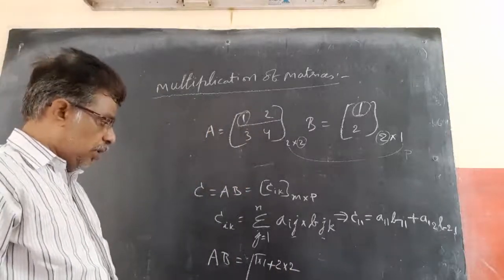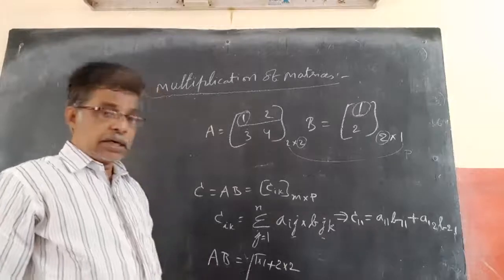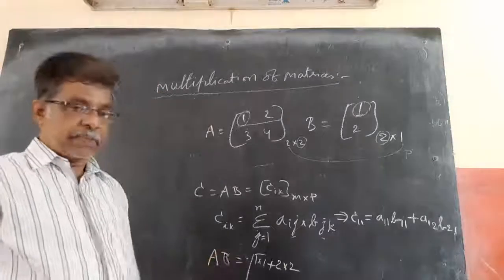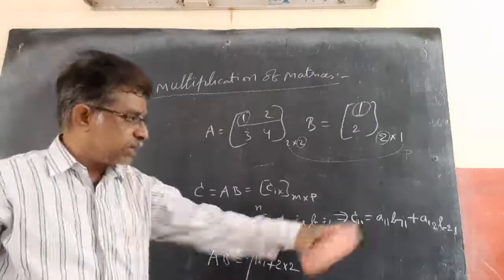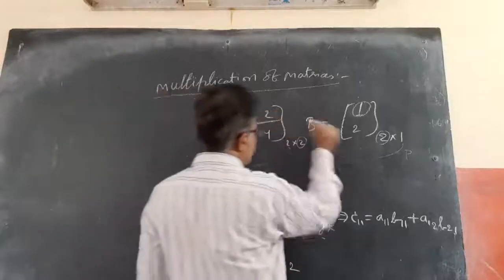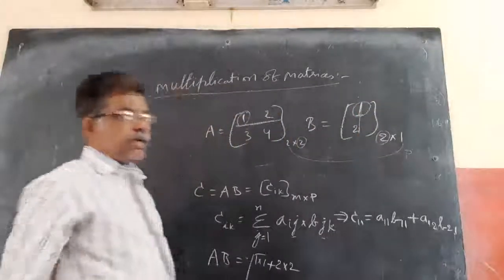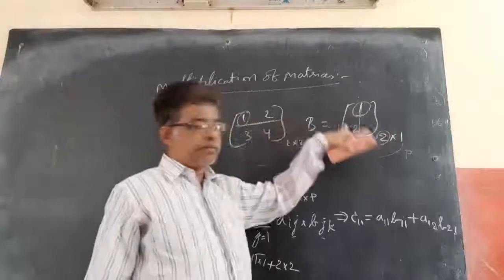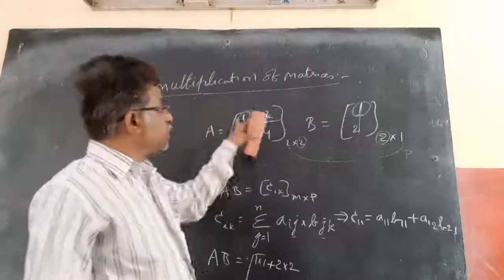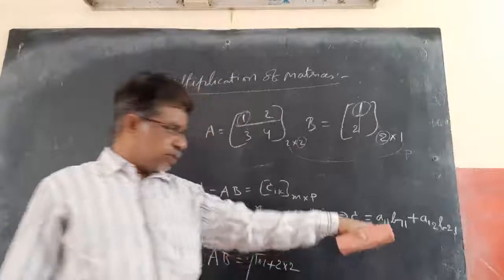So instead of remembering this formula, do one thing: multiply the first row's corresponding elements with the first column's corresponding elements, 1 into 1 plus 2 into 2 gives you that only.